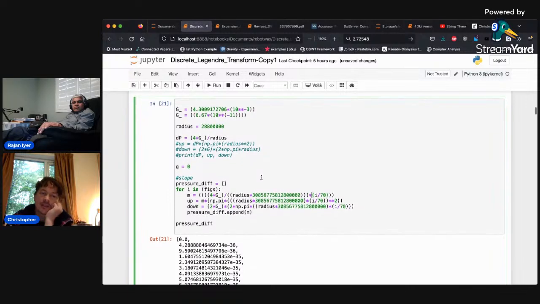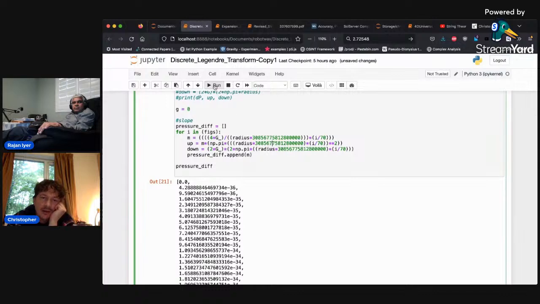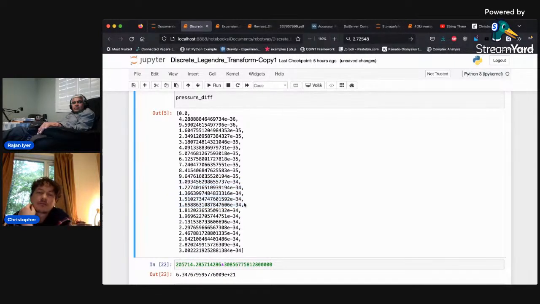Right. So this is the pressure differential from the inside of the hypersphere to the outside of the hypersphere, and we notice e to the minus 34. One of these values here should be fairly close to the Planck scale. Do you know the Planck scale off the top of your head?